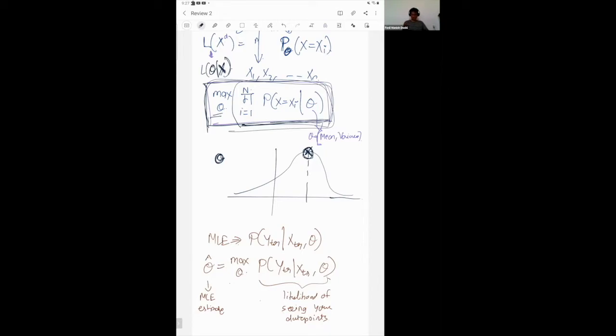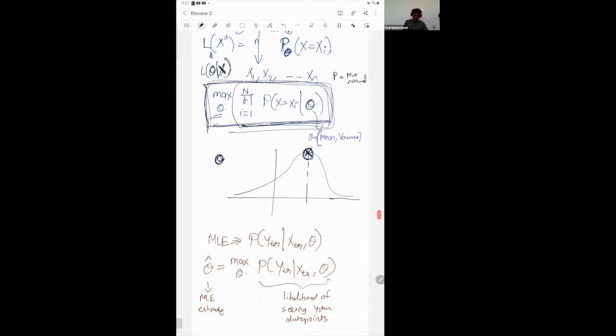One important aspect that you need to take care about is, let's say the probability distribution P was a multivariate normal. Then this theta would be a mean vector and a covariance matrix.